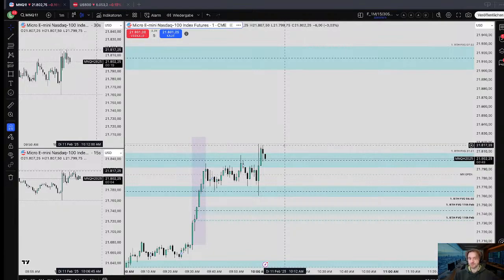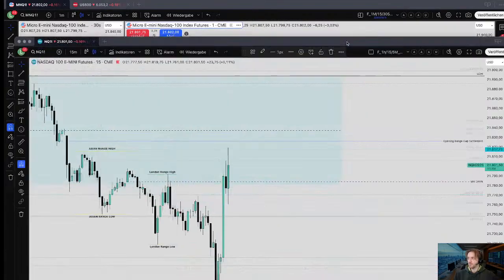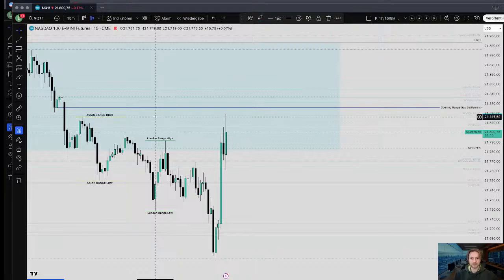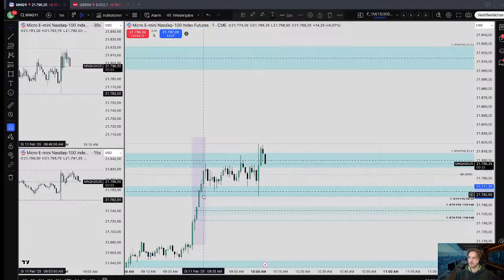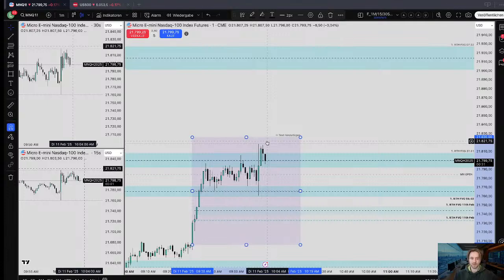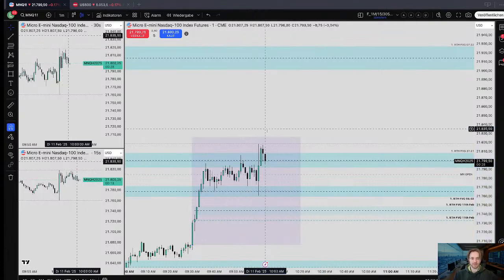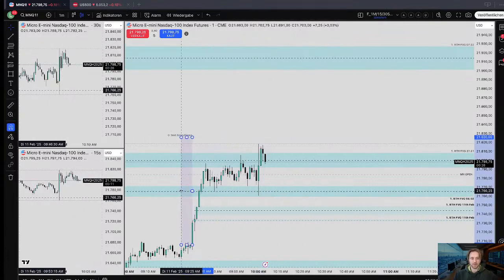It could also be because we punished the high of the Asian range right now. So maybe it just wanted to take the sell side here. And we said it before, leaving a small part of the opening range gap open.